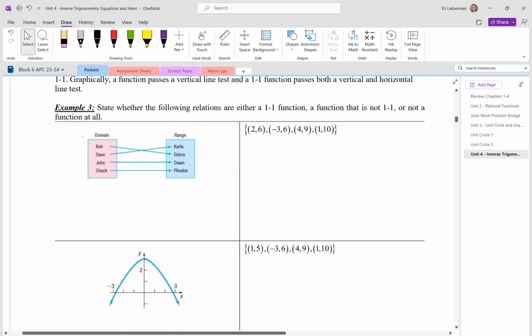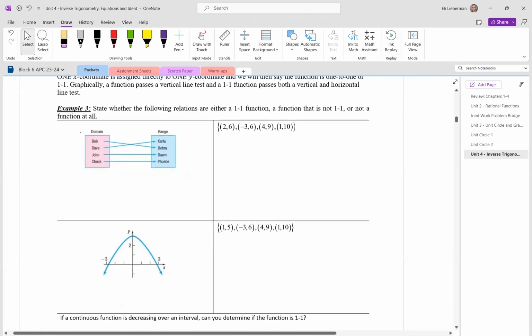So there are 4 different relations here. It's up to you to decide, are they 1 to 1, a function that is not 1 to 1, or not a function at all? Think about it. It's up to you.